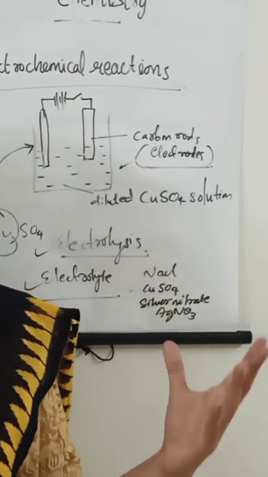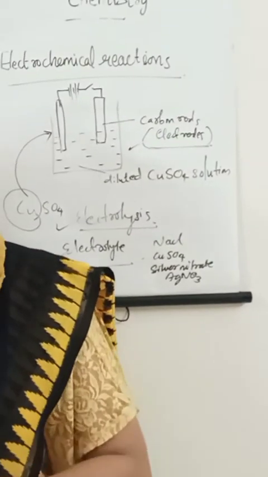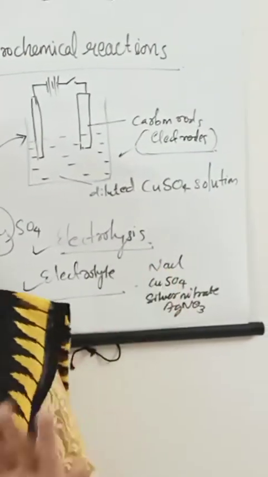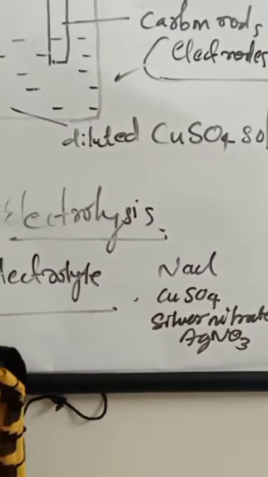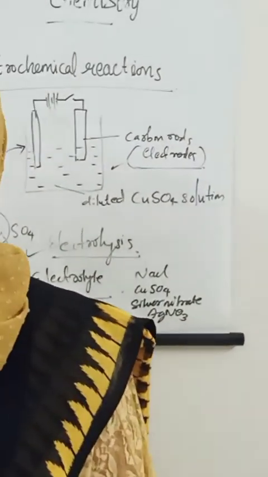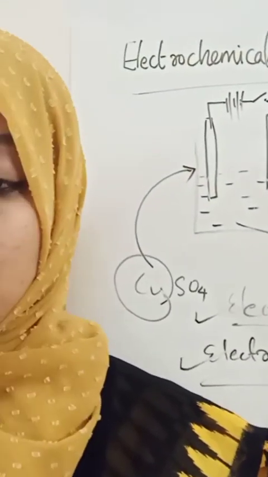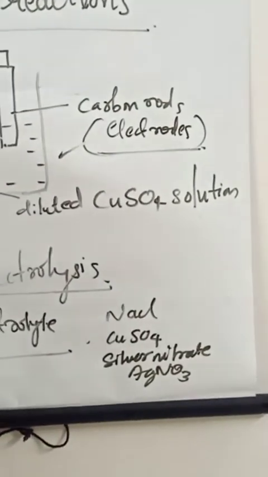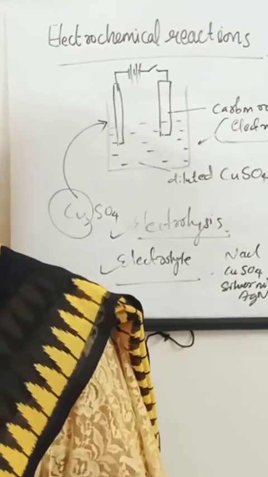Which are the common electrolytes used in electrolysis? Sodium chloride, copper sulfate and AgNO3, silver nitrate. And what are the electrodes? They are the rods connected to the poles of the battery which transfer electricity to the electrolyte, known as electrodes.